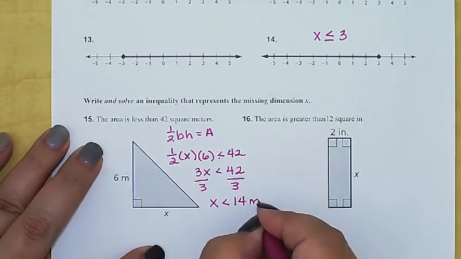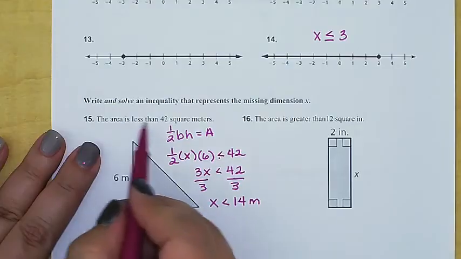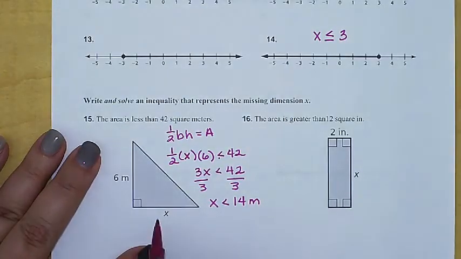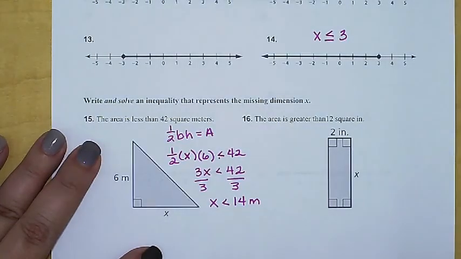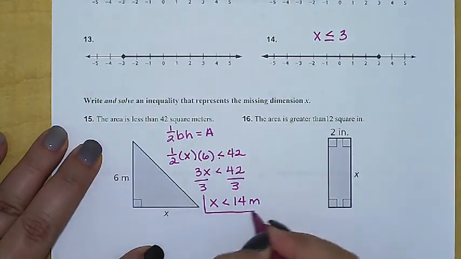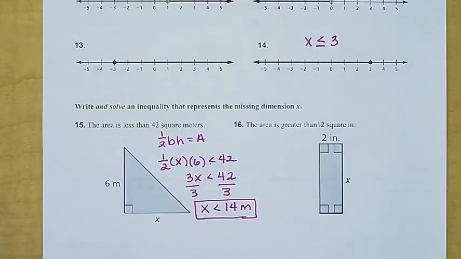And this is still in meters. So what we're saying here is that in order for this triangle to maintain an area less than 42 square meters, that means that this base has to be less than 14 meters. That's the only way that that would be true. So the base would have to be less than 14 meters so that the area ends up being less than 42 square meters. All right, that's our lesson on inequalities.